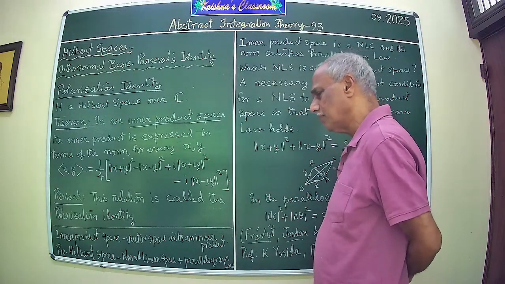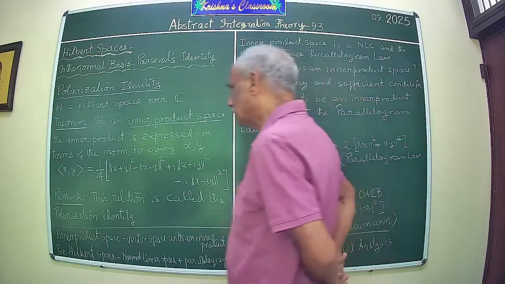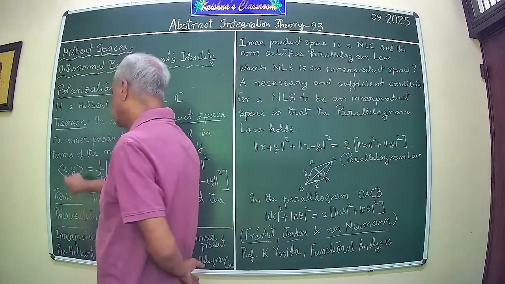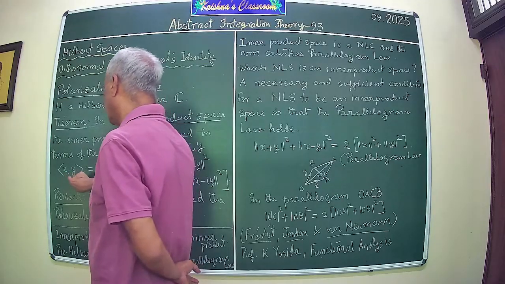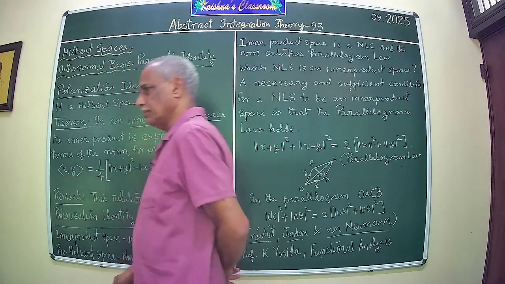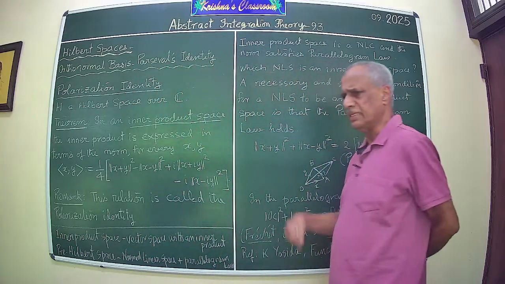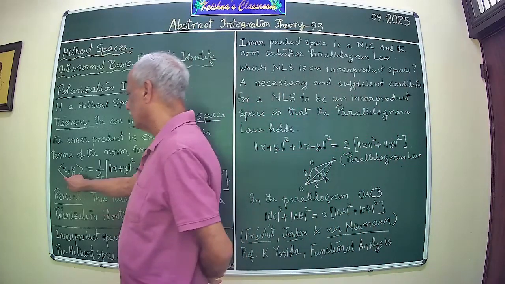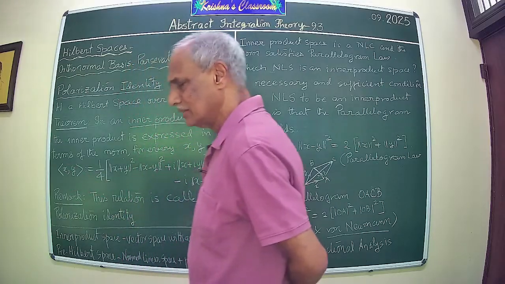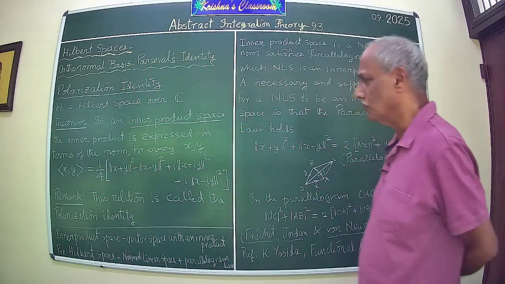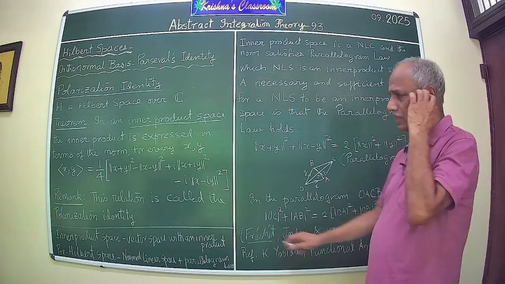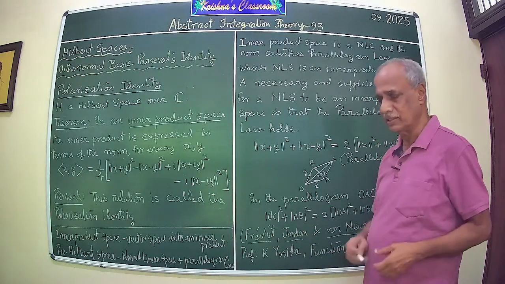But the difficult part is to verify that this is linear in the first variable and conjugate linear in the second. Conjugate linear in the second variable would easily follow, but the first one is somewhat difficult to prove. And you can see that the proof of this theorem essentially dwells on this particular step.